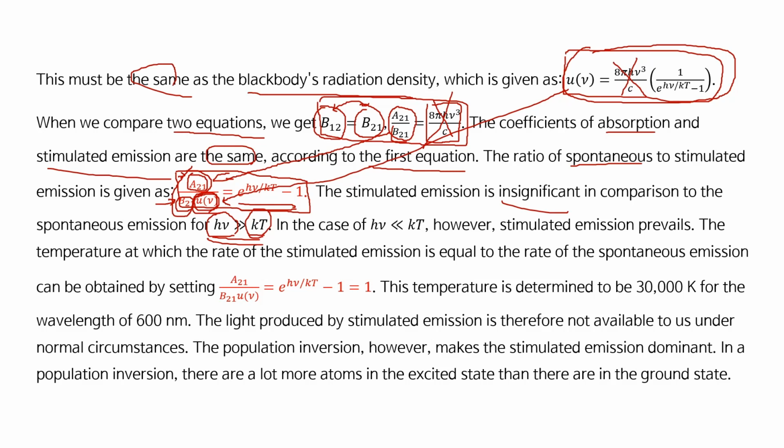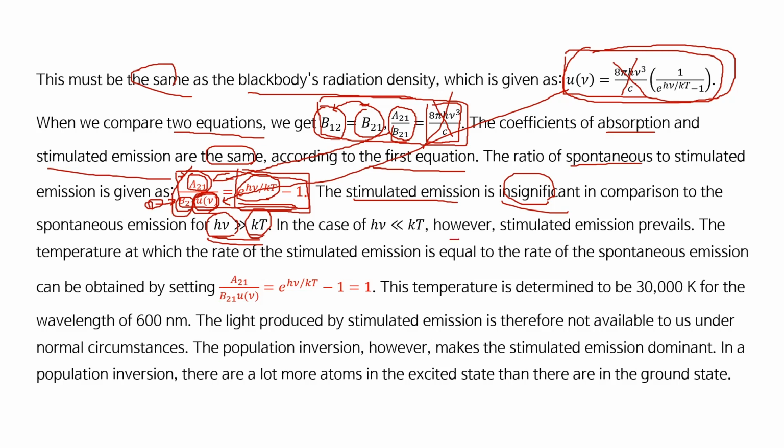In the case of low temperature, this exponential is very large, so the value of the right hand side in this equation is very large. That means that the denominator of the left hand side should be small. So the stimulated emission becomes insignificant at the low temperature case.